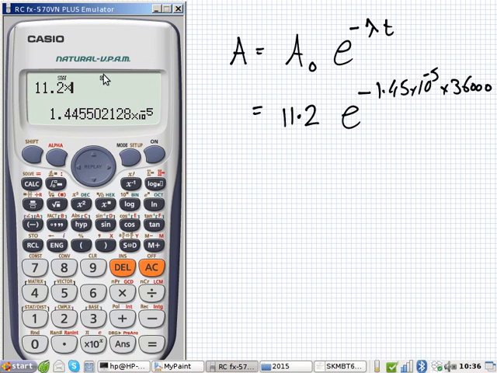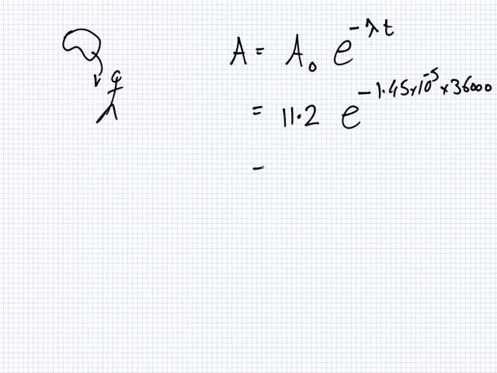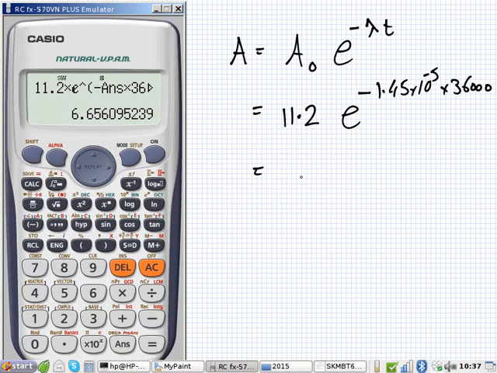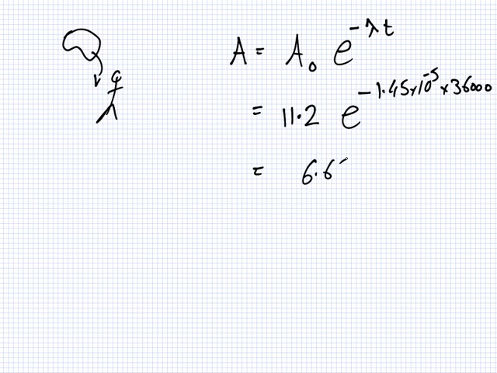11.2 times 10 to the power of 6. Although I know the answer is going to be in mega, so I won't even bother. e to the power of minus my answer before times 36000. No, not finished yet. So that's the activity is 6.656 after 10 hours.